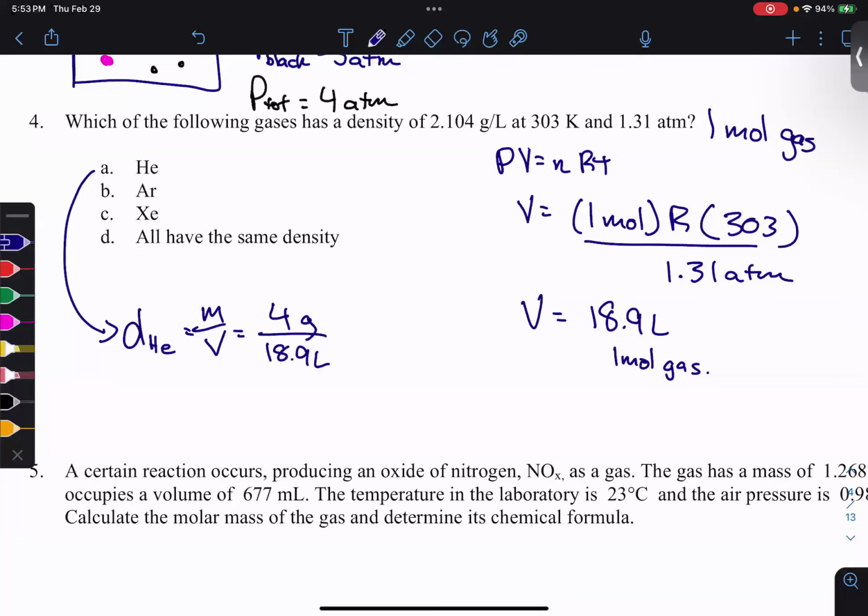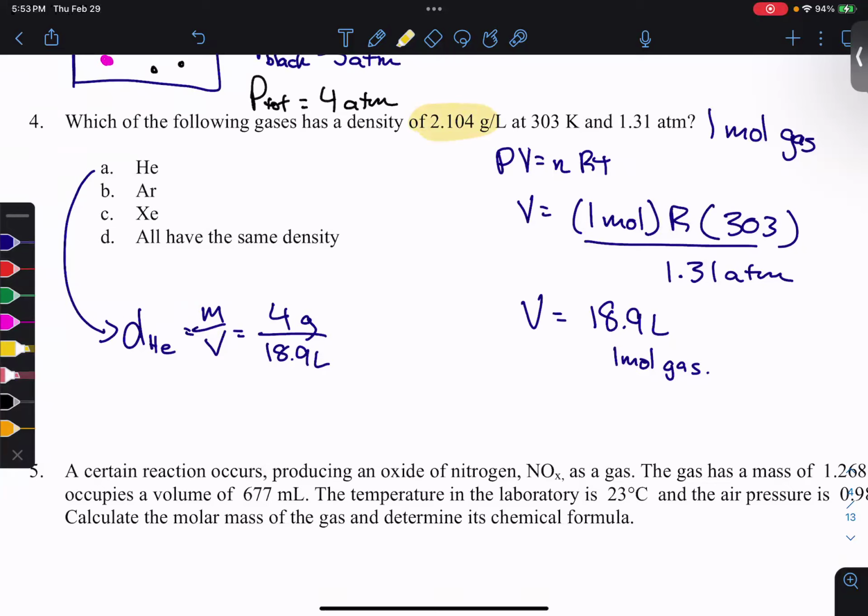So you might have thought you have to do 3 calculations, but really you just have to do PV=nRT once and recognize that it's the same volume in all of the denominators. The only value that changes in the density for each of these 3 substances is the numerator, because that mass amount is tied to the molar mass of that sample. So is this unknown sample helium?